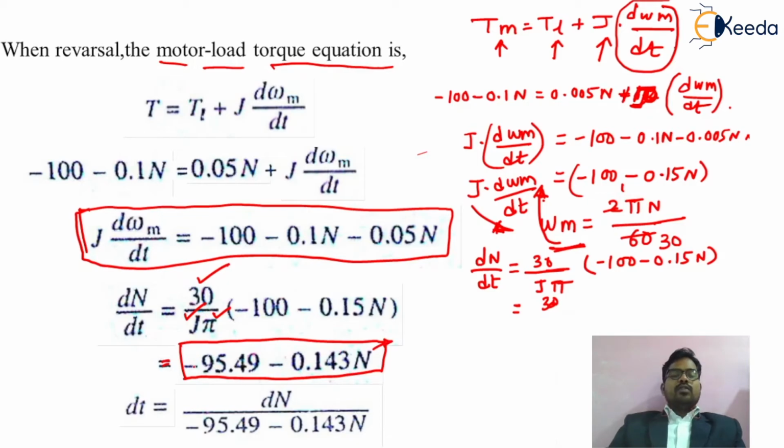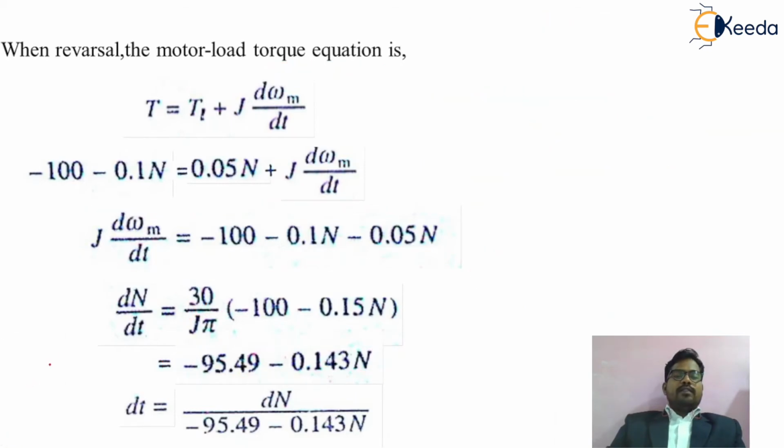Okay, so from that particular equation we can get the simple thing. Again we want to calculate dn by dt is equal to minus 95.49 minus 0.143 n.